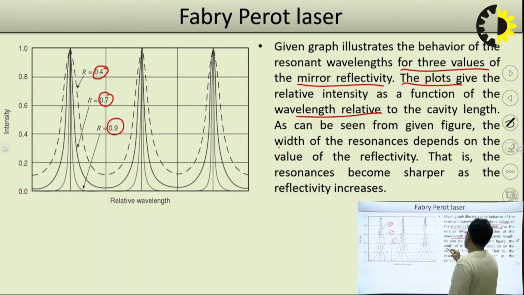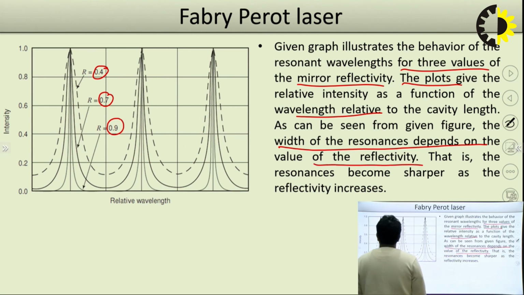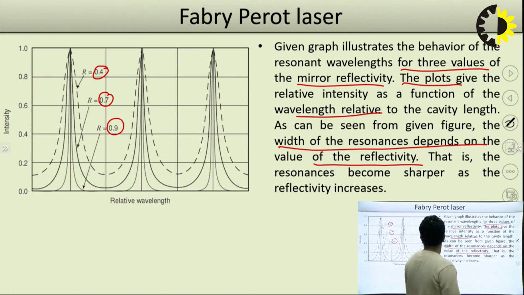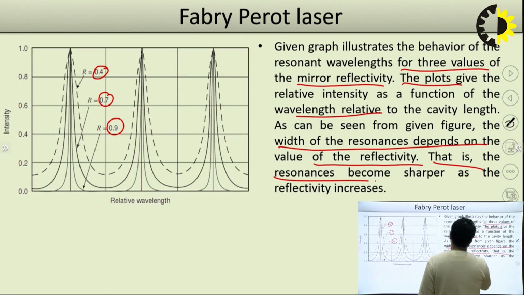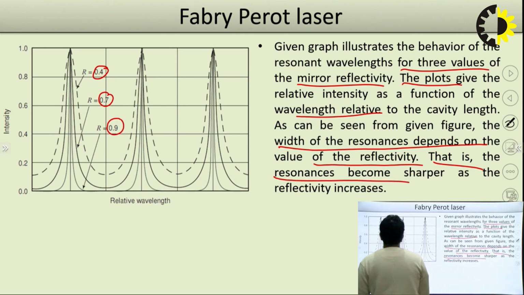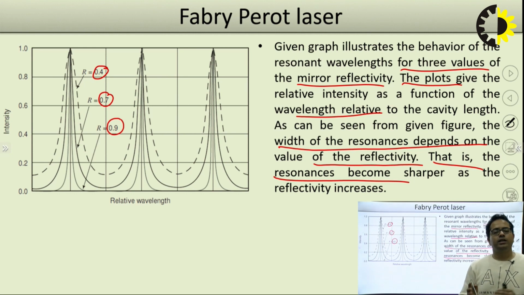The width of the resonance depends on the value of the reflectivity. If you observe, the higher the reflectivity, the sharper the resonance becomes. The moment we move from a low reflectivity to a higher reflectivity, there is an increase in the sharpness of the graph.